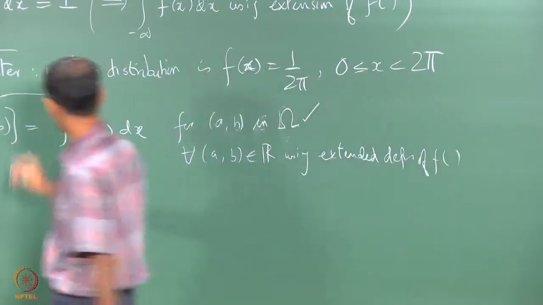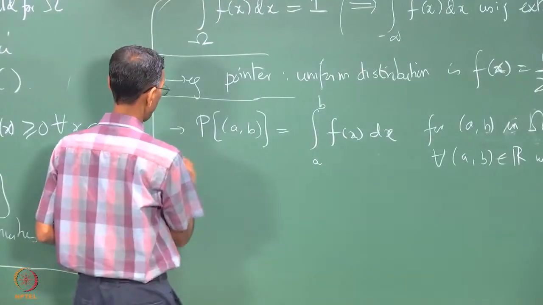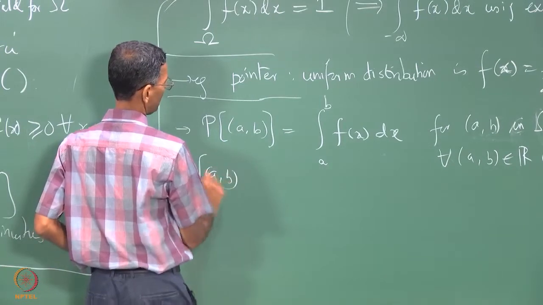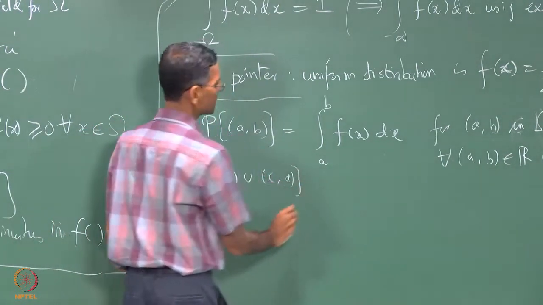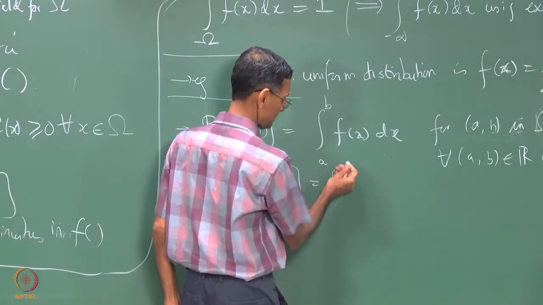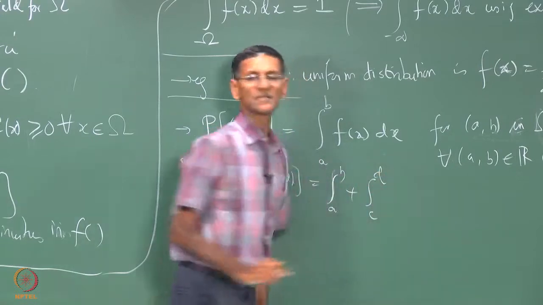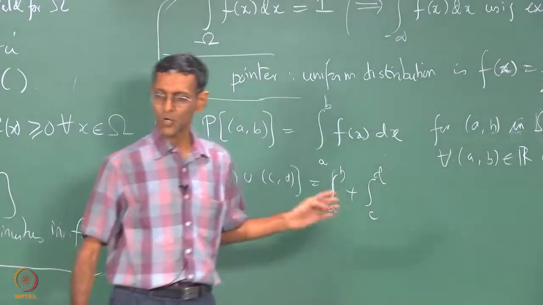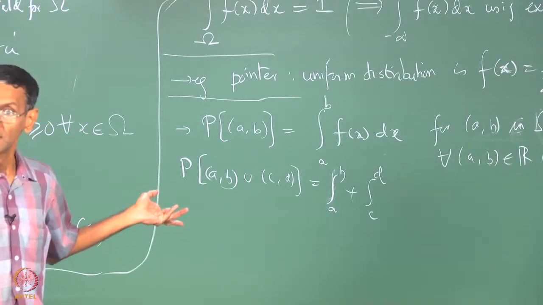And more importantly, if I have a union of disjoint sets, what will this be? This will be the integral from a to b plus the integral from c to d. That is the additivity property, which is automatically satisfied because integrals add, right.